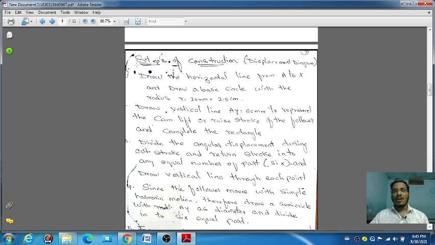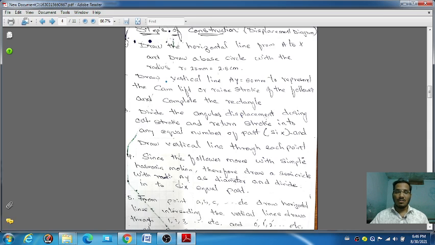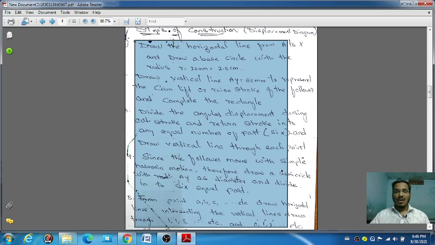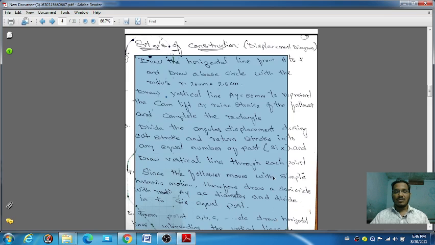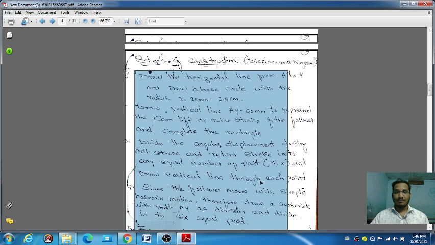Please remember my words. You have to write the steps of construction for the displacement diagram as well as the cam profile. So these are the easiest steps of construction of the displacement diagram.